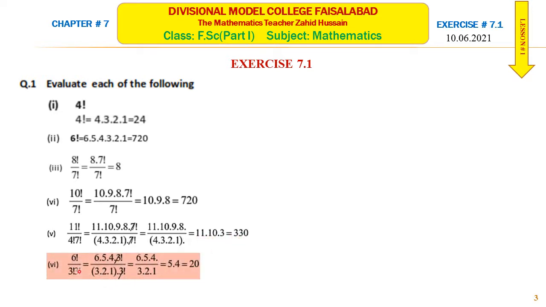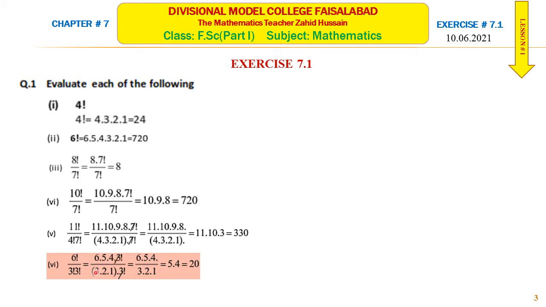Now this is the sixth part which is included in your syllabus. These parts are not included, but this part is included. 6 factorial over 3 factorial into 3 factorial. Expand 6 factorial till 3 factorial: 6, 5, 4 and 3 factorial.